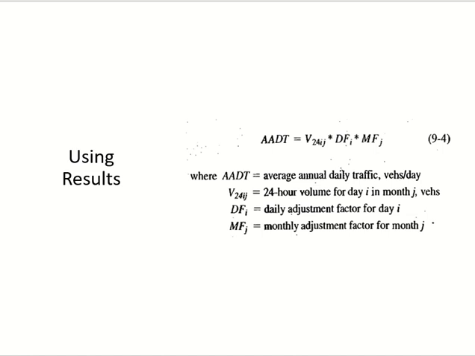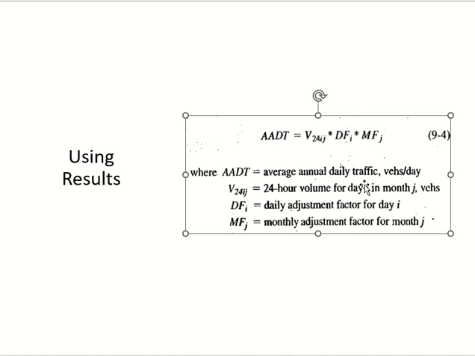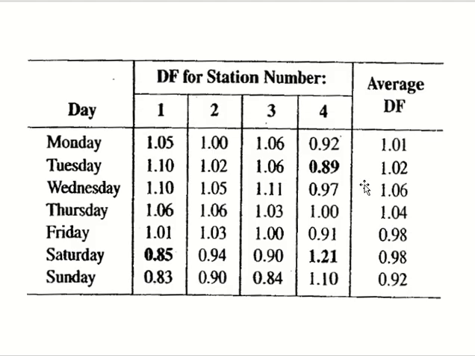Now, once you have the adjustment factors, we looked at one more thing: if you have multiple control counts and each control count has its own adjustment factors, you can take an average and try to combine them.